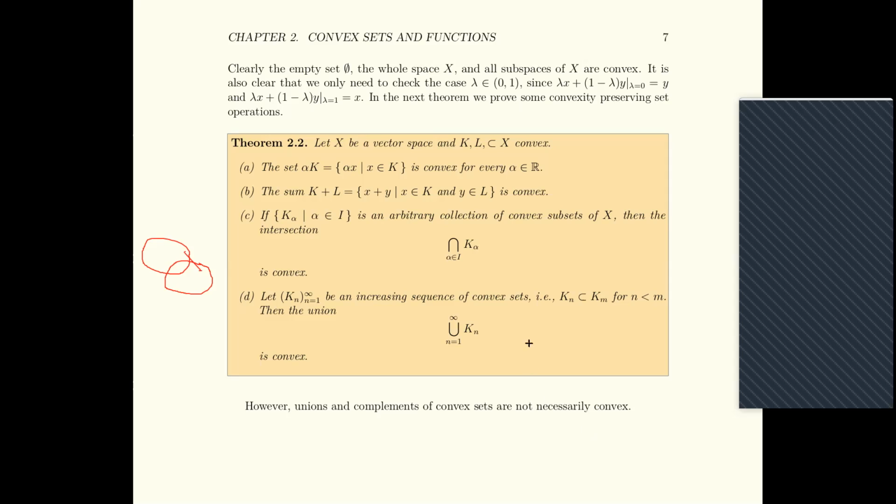But if we have what is called an increasing sequence of convex sets, meaning that the first set is like this. Let's say for argument's sake that this is convex, and it's an increasing set, so the next set is larger than this and still convex, and it contains the original one. So we're just increasing these.